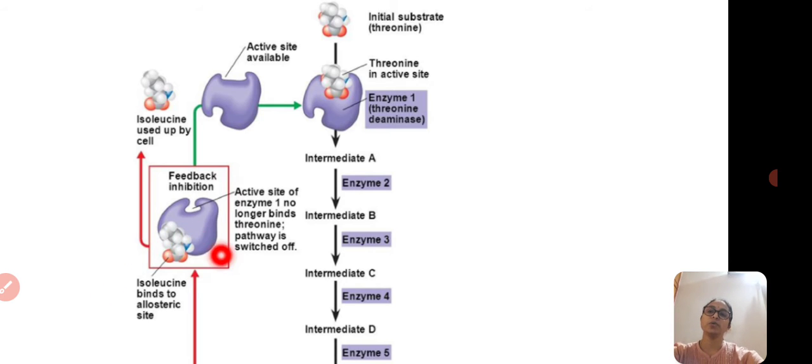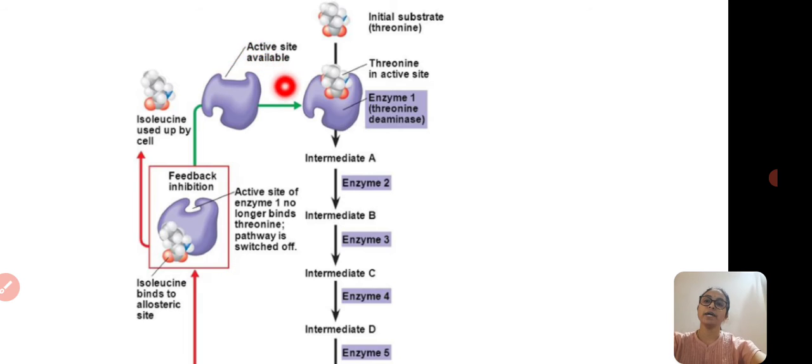This final product, isoleucine, is going to act as a feedback inhibitor. Since it is the final product of the reaction, it is going to come and bind to the first enzyme, threonine dehydrase.